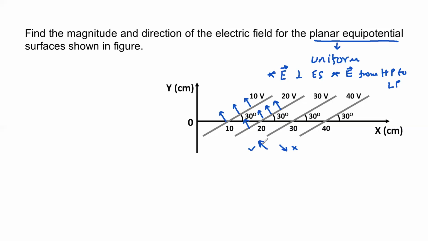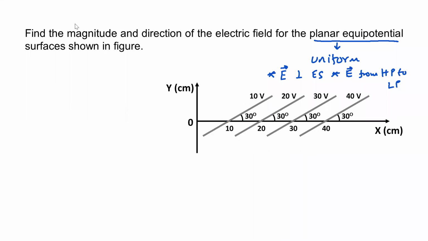So let me just draw one particular electric field line and use that to calculate the electric field intensity. So I've got the direction of electric field line. If I just draw one, I'll have to erase these.